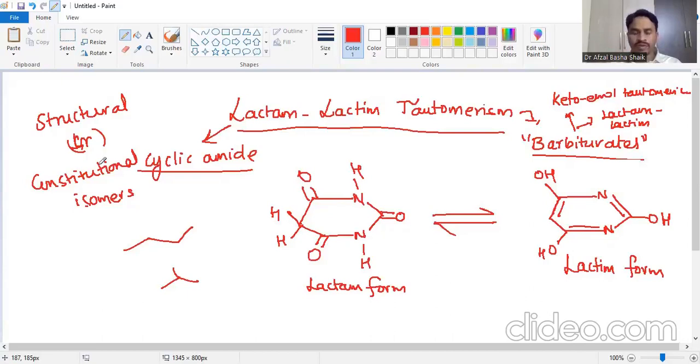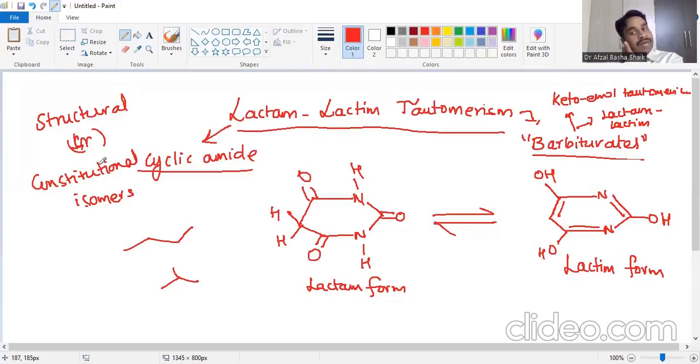One type of tautomerism is keto-enol tautomerism, which is typically seen in aldehydes as well as ketone molecules, where there is the existence of keto form as well as enol form. Not only that, the compounds containing the amide linkage will also exhibit this type of isomerism, wherein there is also migration of a proton.